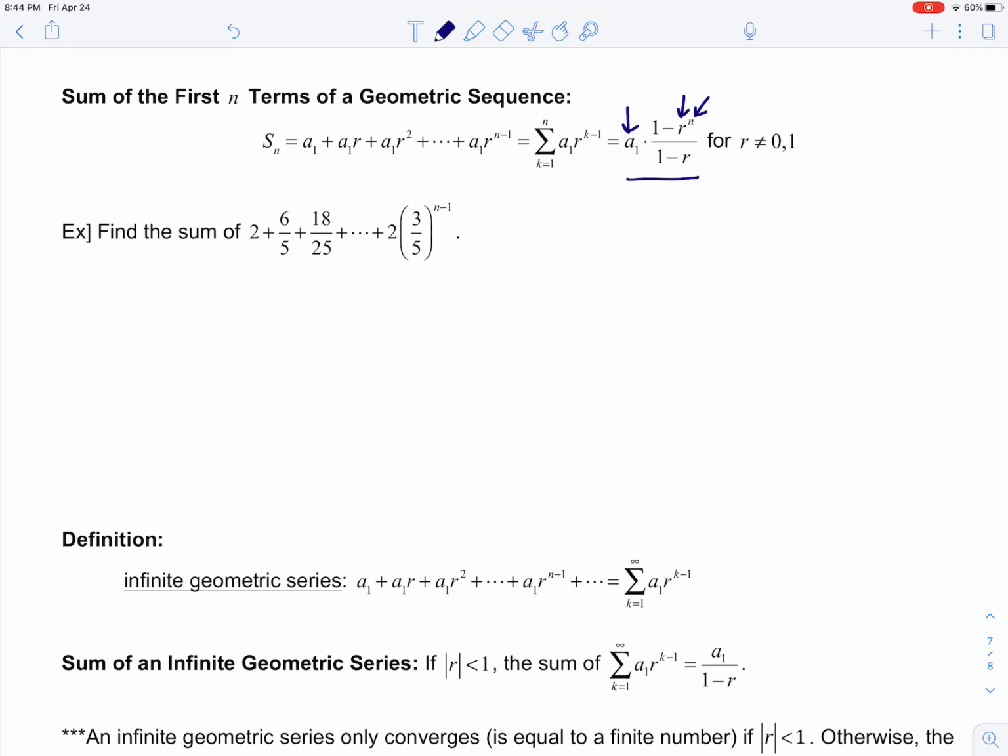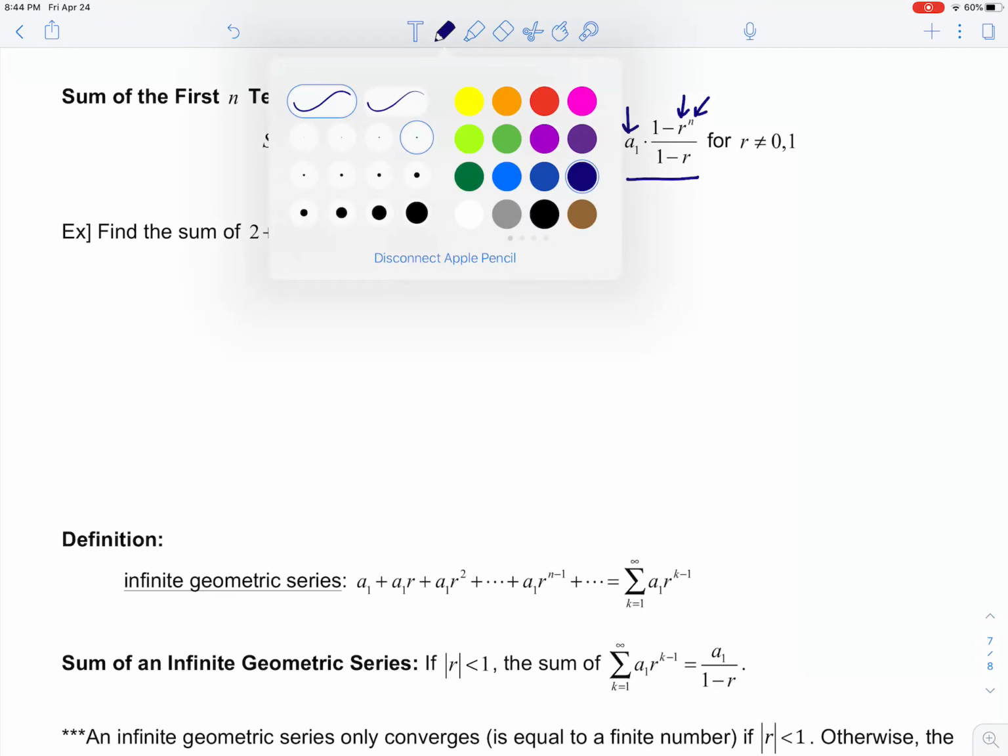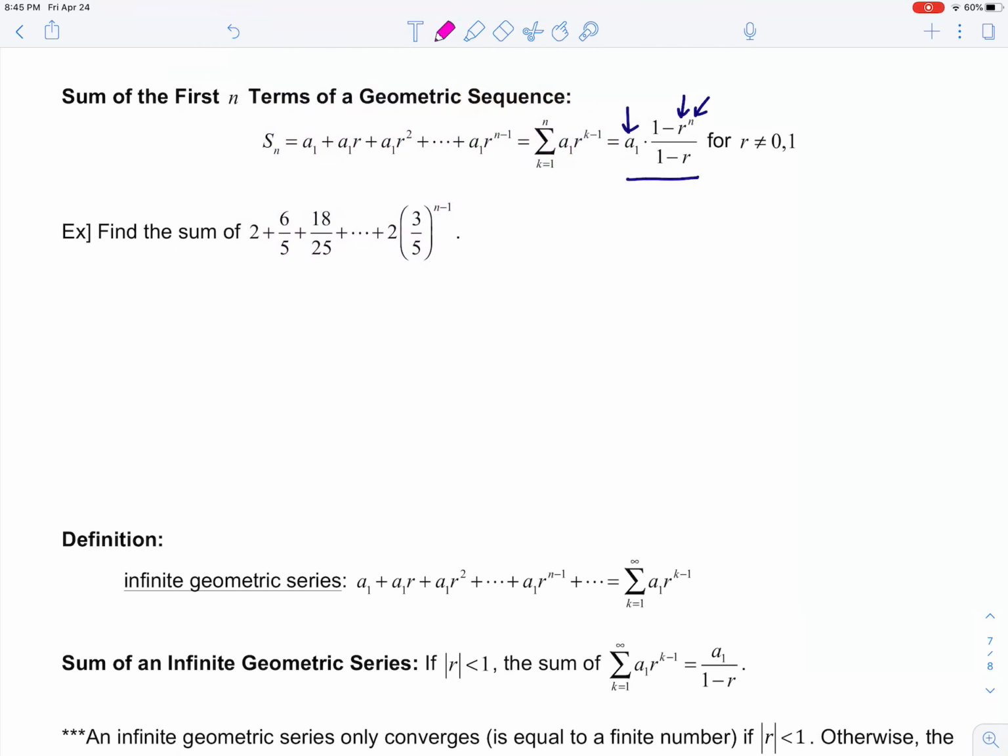Find the sum of 2 plus 6/5 and so on and so forth. One thing to note is this last term is always to the n minus 1, and we have that here as well. So it's not giving us a stopping point. So we're just going to write out the general formula, and then we'll go ahead and simplify it if possible.